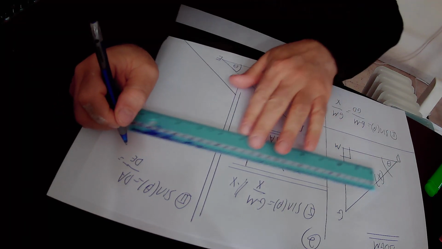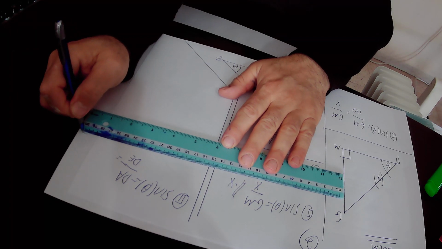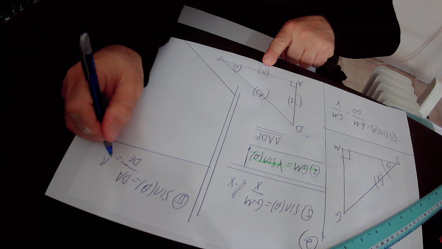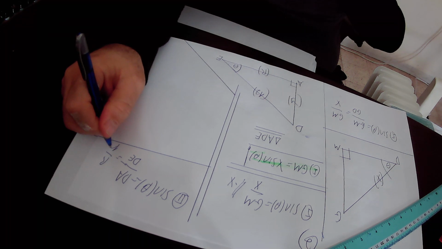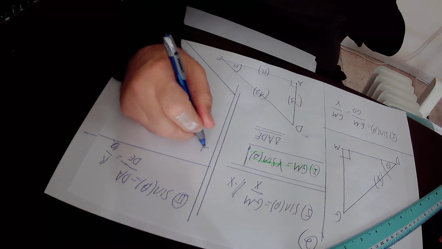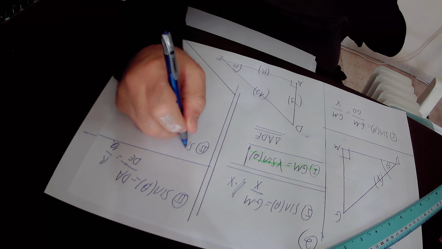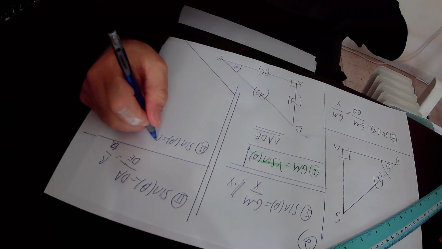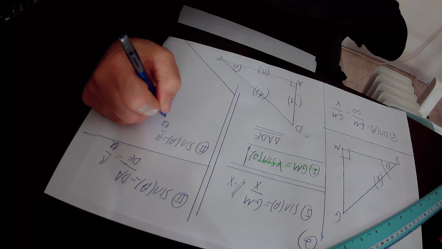DA is R, and DE is 12. So in total I found out that according to equation 2, sine theta equals R over 12.